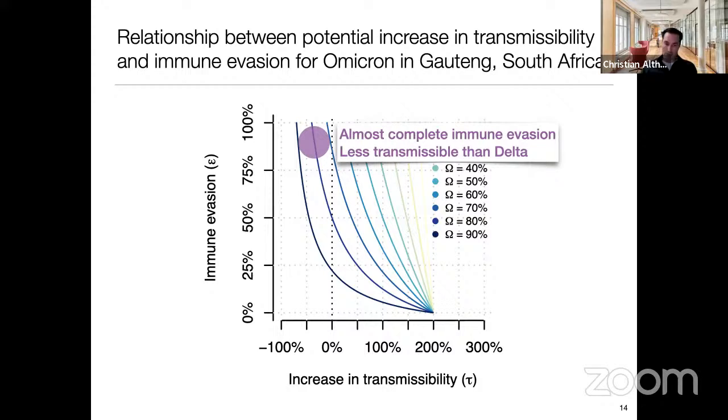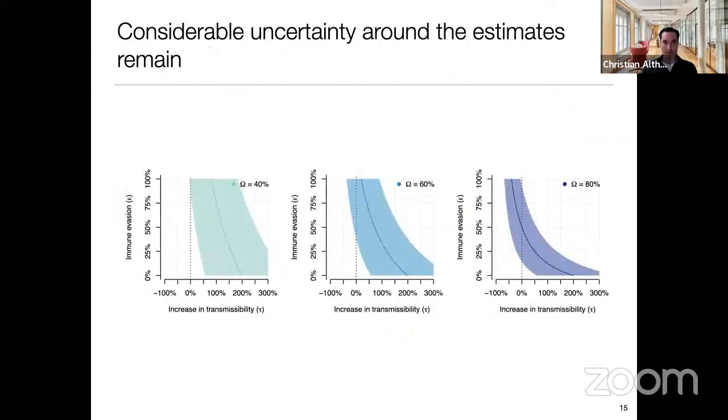So far, we cannot identify these 3 scenarios, and the next days and weeks will certainly shed more light on that. It's also important that there is still considerable uncertainty around these estimates when we try to estimate this growth advantage of Omicron in the province of Gauteng, in other provinces in South Africa, and now in countries outside South Africa. That's illustrated here.